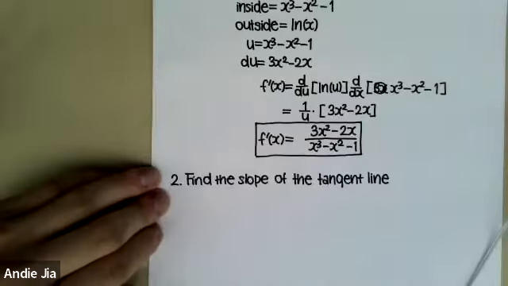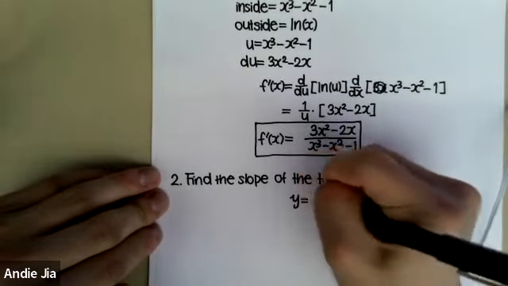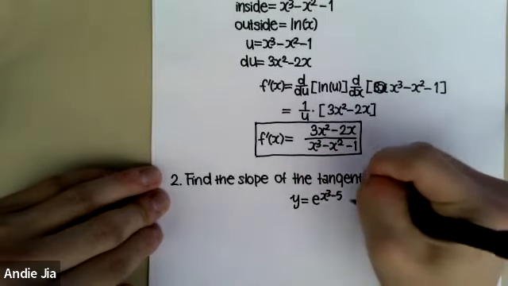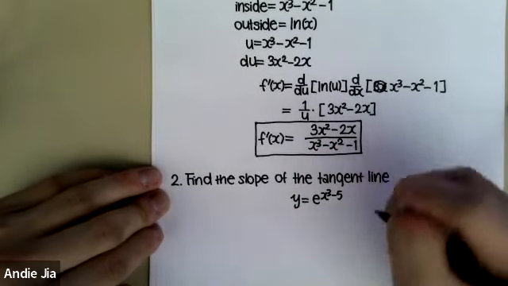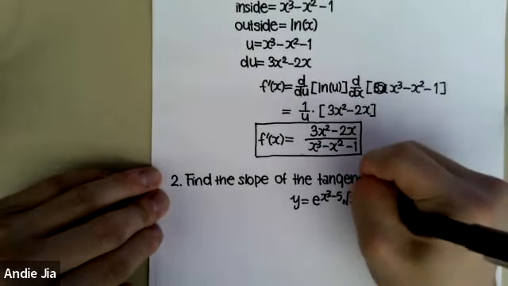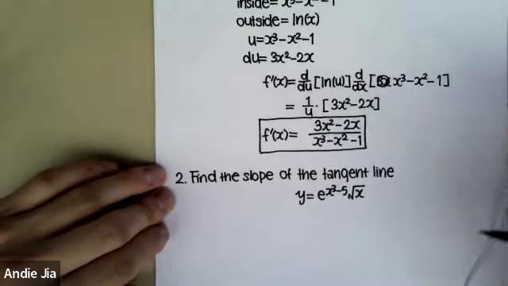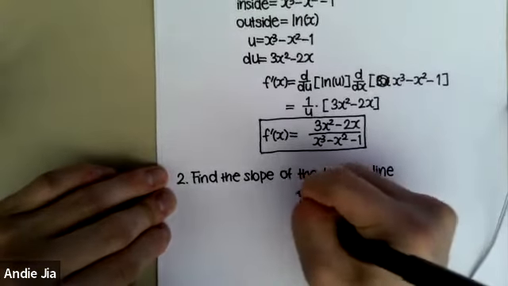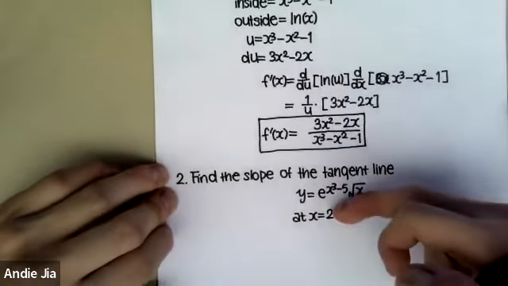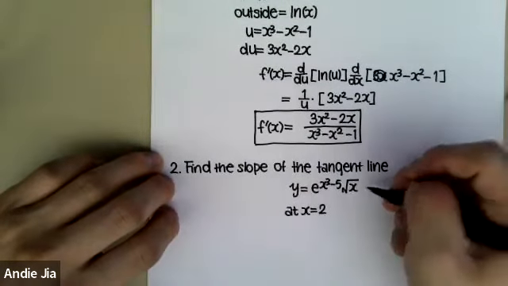We have the function y equals e to the x cubed minus 5 times square root of x. Find the slope of the tangent line at x equal to 2. You can see this is a product rule and a chain rule.